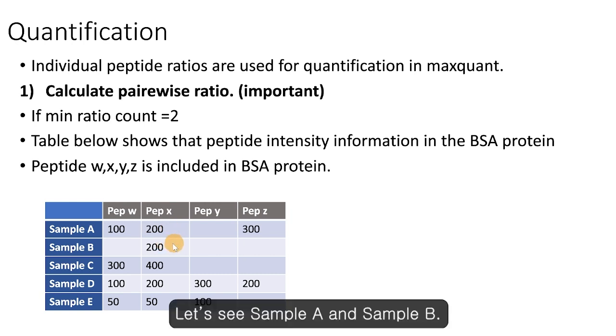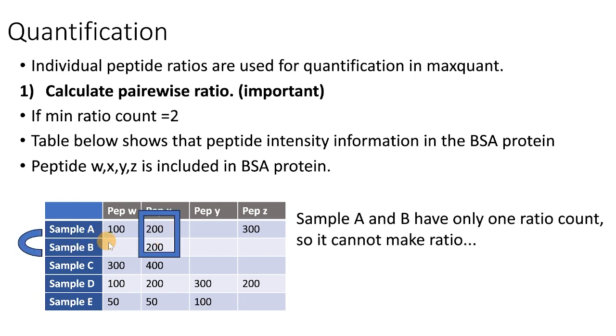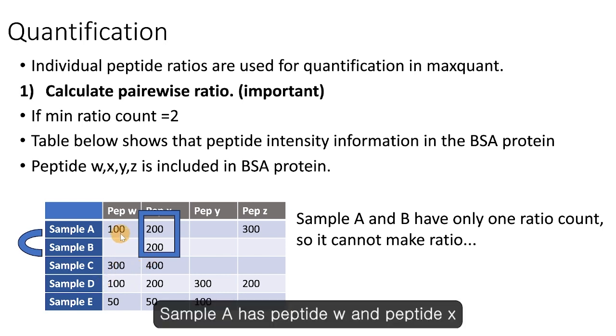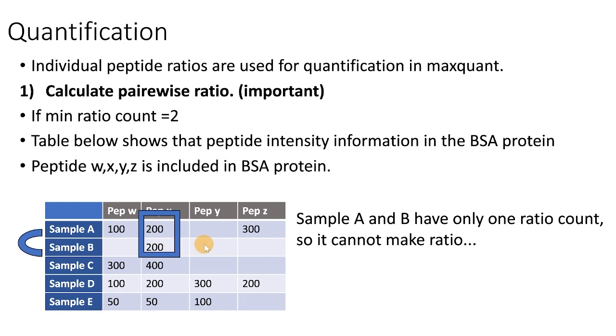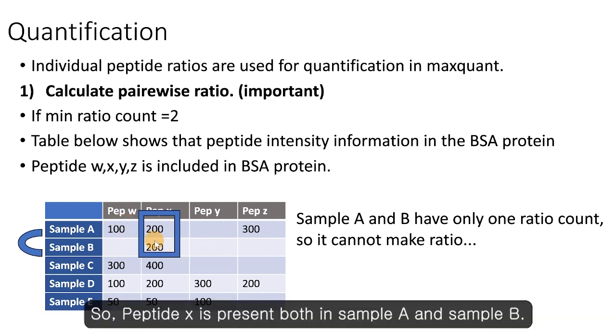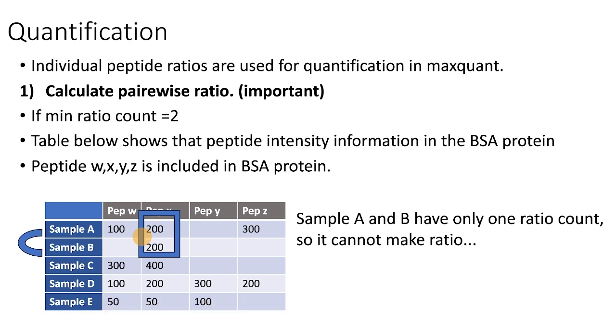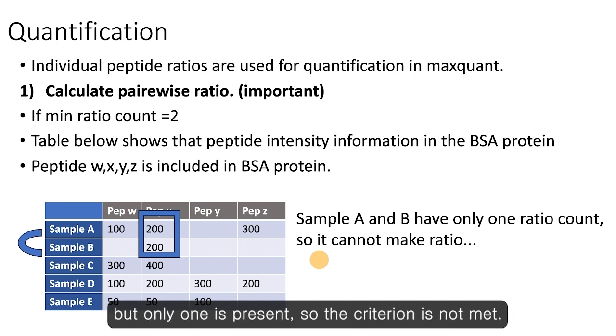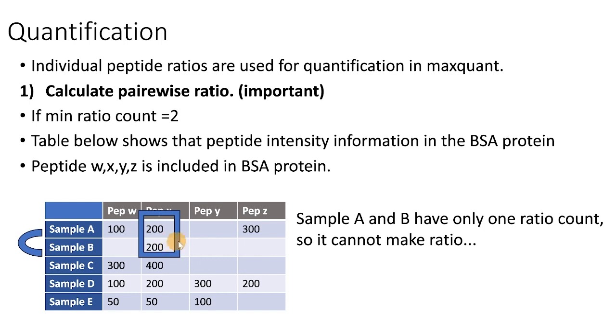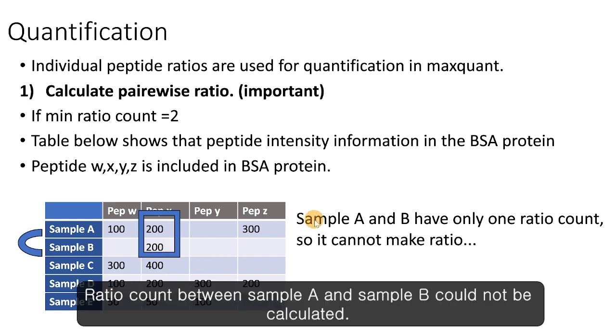Let's see sample A and sample B. Sample A has peptide W and peptide X, and sample B has peptide X. So peptide X is present both in sample A and sample B. As at least 2 peptides should be present, but only one is present, so the criterion is not met. Ratio count between sample A and sample B could not be calculated.